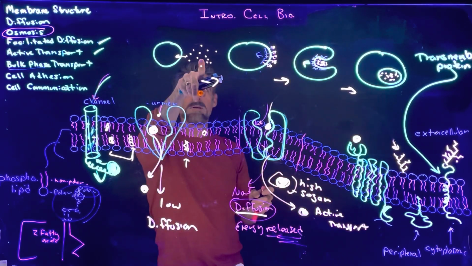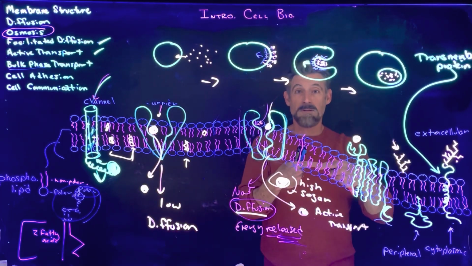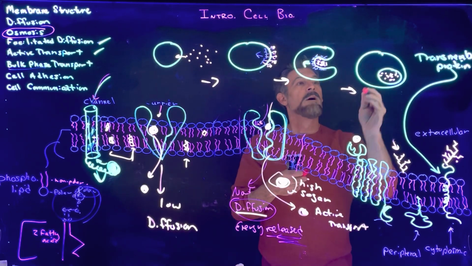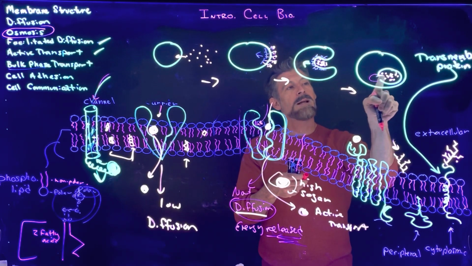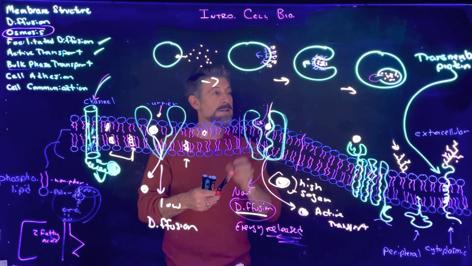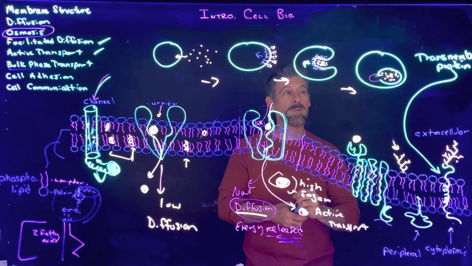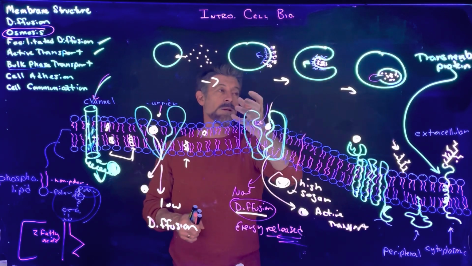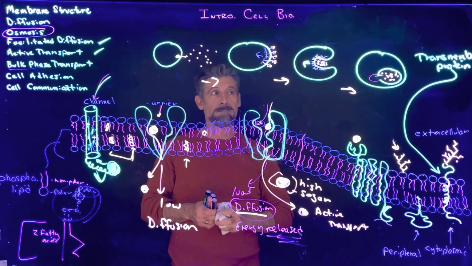So all these molecules have now been brought into the cell, but they're trapped inside a membrane structure. That membrane structure can either be burst open, or it could connect to another membrane structure in the cell that has enzymes in it that break them down or transform them into something else. Many different types of cellular processes can occur, but that's the idea. Bulk phase, bringing in a lot of things at once. In this particular case, it's very specific, using receptors to do it.